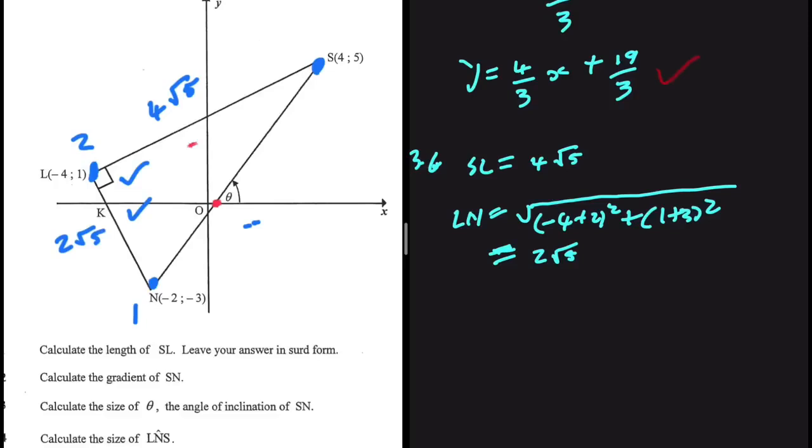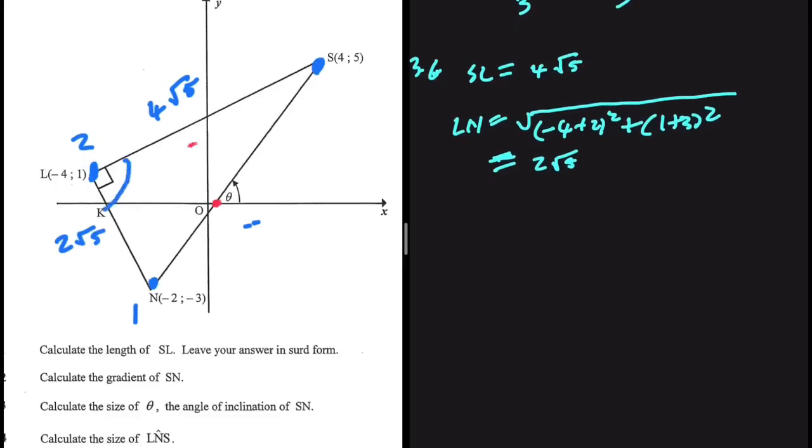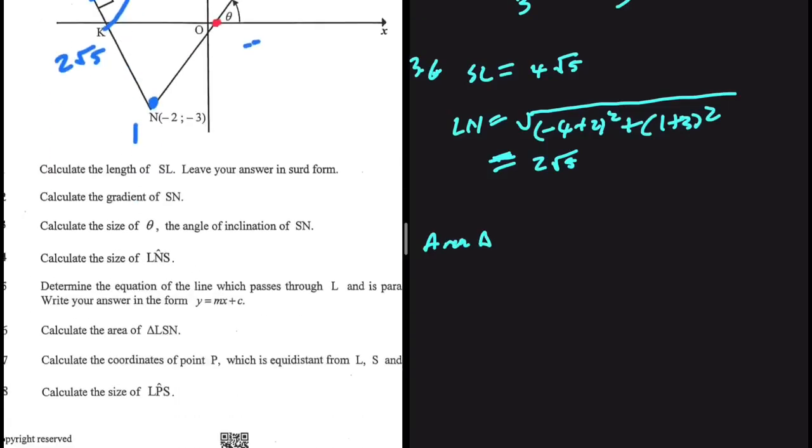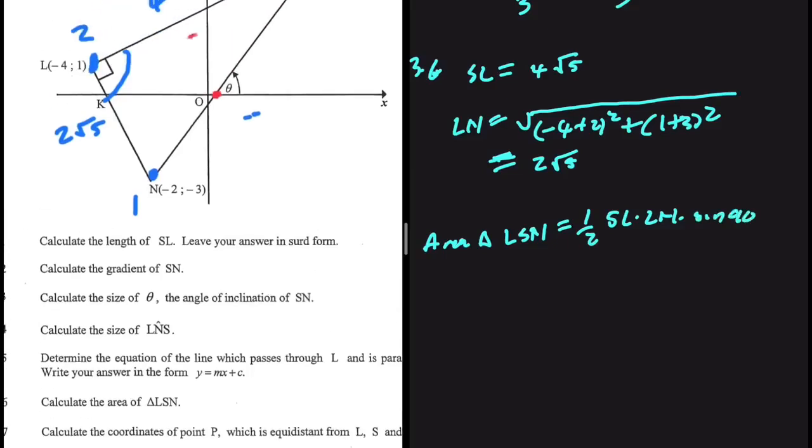And these two lines sandwich an angle of 90 degrees. So the area of triangle LSN is equal to half SL multiplied by LN multiplied by sine of 90 degrees. Sine of 90 degrees is 1. That is why when the angle is 90, we just say half base multiplied by height.